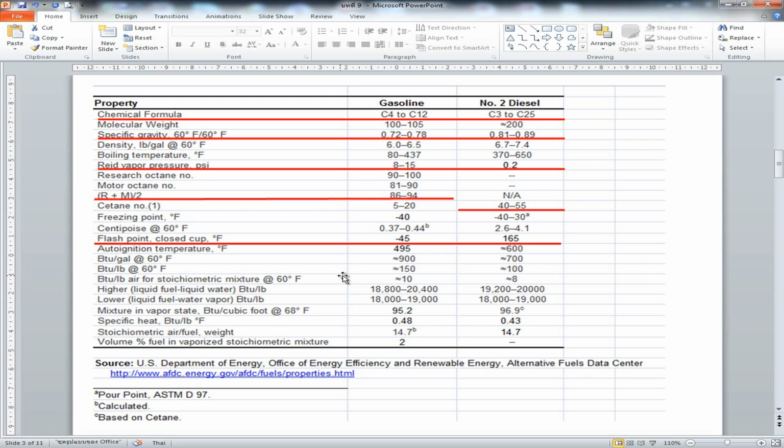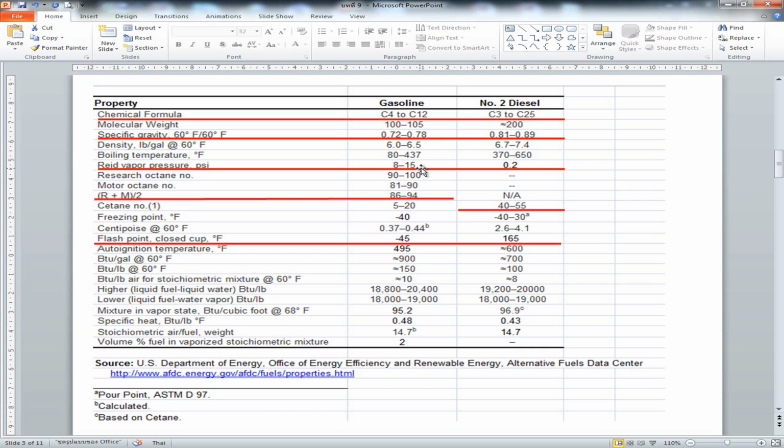You can see that a larger range of the carbon composition is found in diesel fuel, and a higher boiling point as well compared to the gasoline. The RVP, or vapor pressure, is a critical property of gasoline, of course, but not much in diesel. This number is regulated upon different climates, as we talked about.